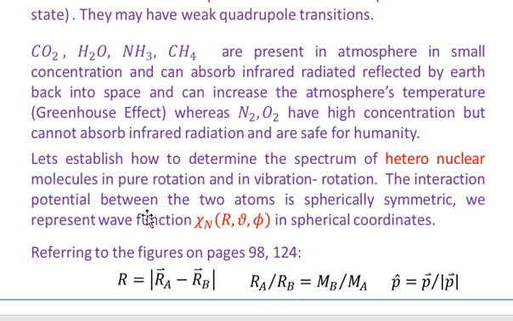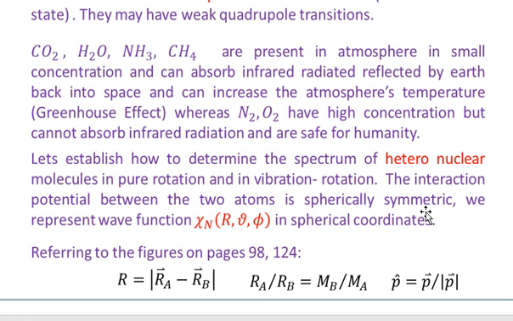The interaction potential between the two atoms is spherically symmetric. For example, in case of an electron revolving around the hydrogen atom nucleus, we have a potential which is spherically symmetric.